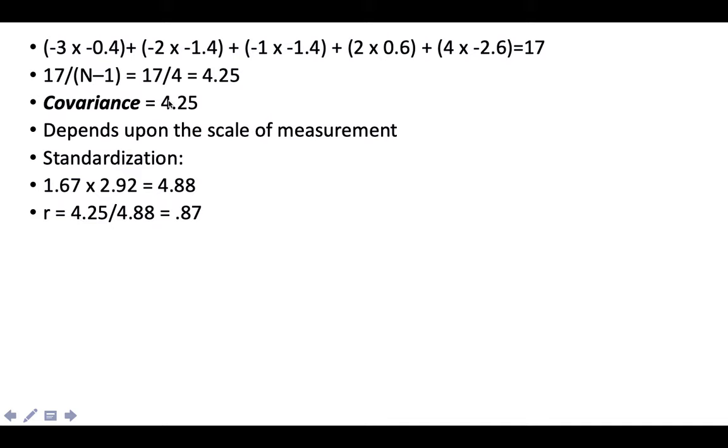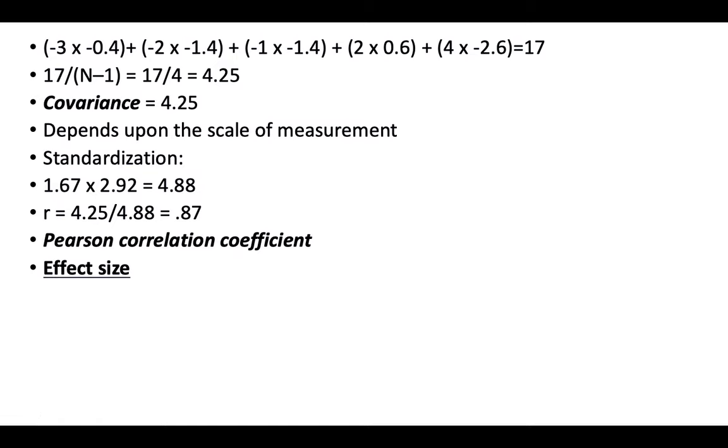So the Pearson correlation coefficient will be 0.87. We never indicate the 0 here because the correlation coefficient can go from -1 to +1.